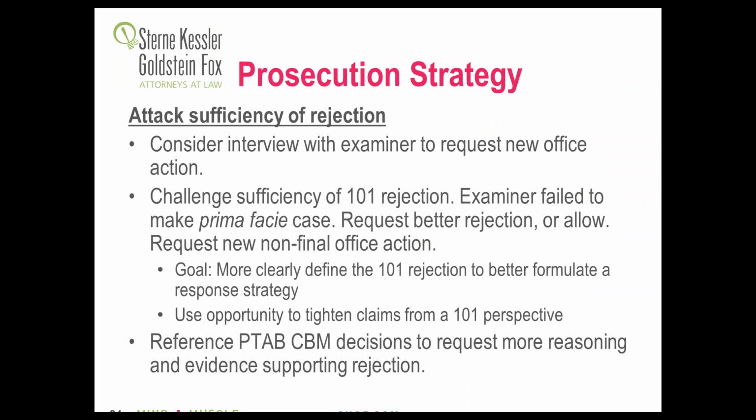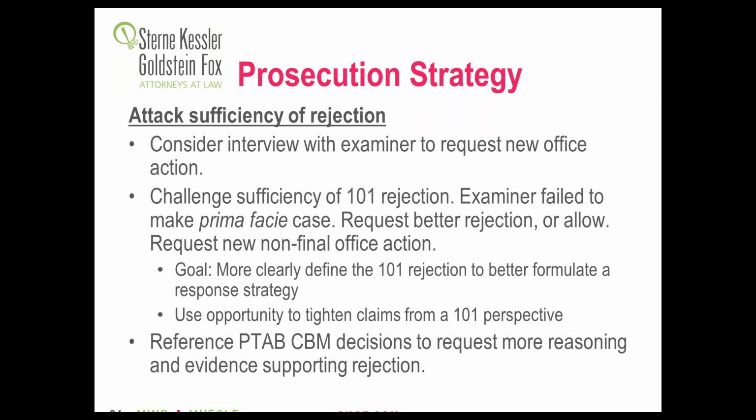So just to summarize, things to do in prosecution: you can attack the sufficiency of the rejection, and ways to do that are to interview with the examiner and challenge the sufficiency of the 101 rejection. The goal in all of these is to request a new office action. If the examiner hasn't given you enough detail to properly respond, any substantive response you make that makes assumptions on the part of the examiner is really just arguing against yourself, and it may or may not be what the examiner was actually considering.